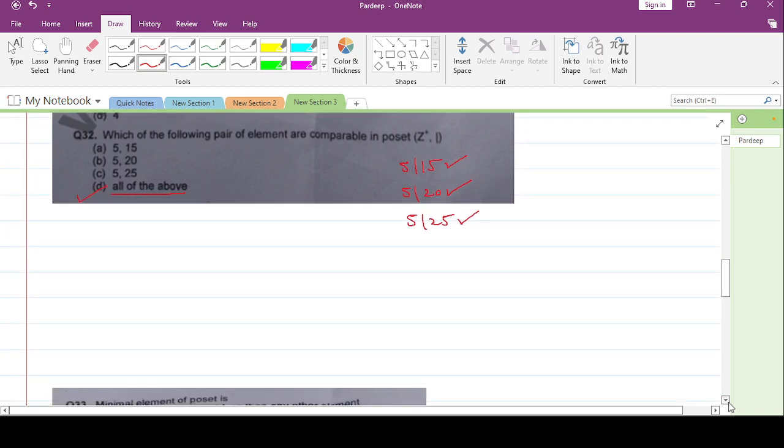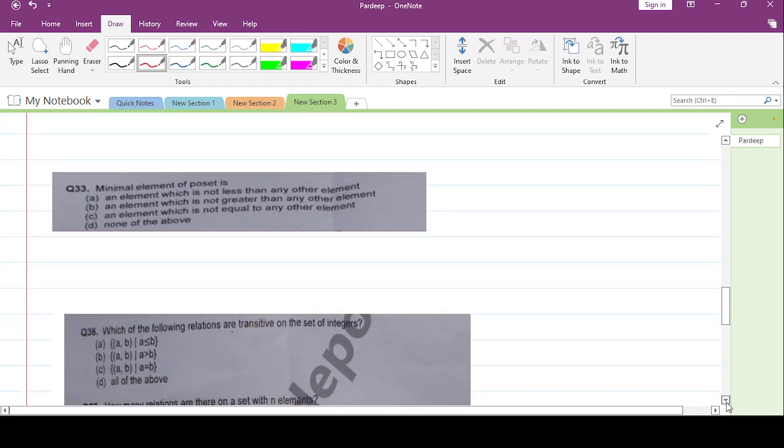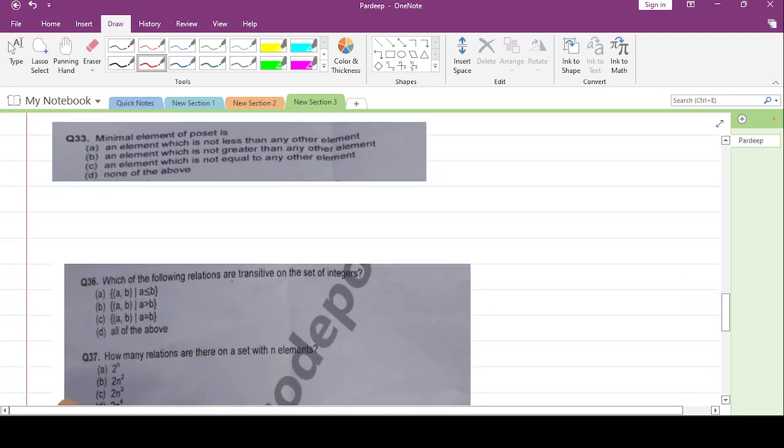Now the next problem is maximal elements of a poset: an element which is not less than any other element, an element which is not greater than any other element, an element which is not equal to any other element, or none of the above.